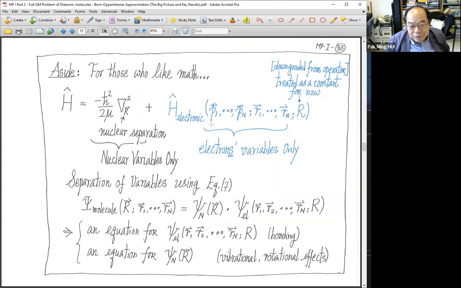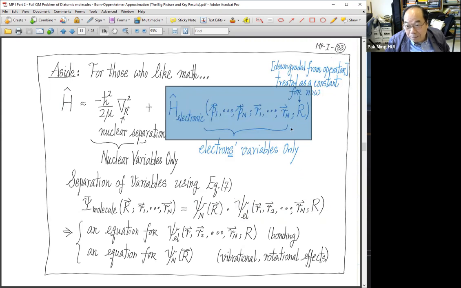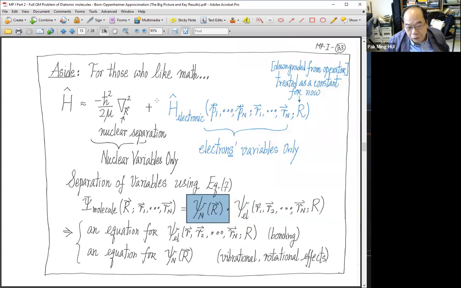Now, let's think about this electronic part. When you operate this electronic part of the Hamiltonian on this product, this thing will pass through. H electronic will operate on this psi electronic, but it's nice, it's an eigenfunction.